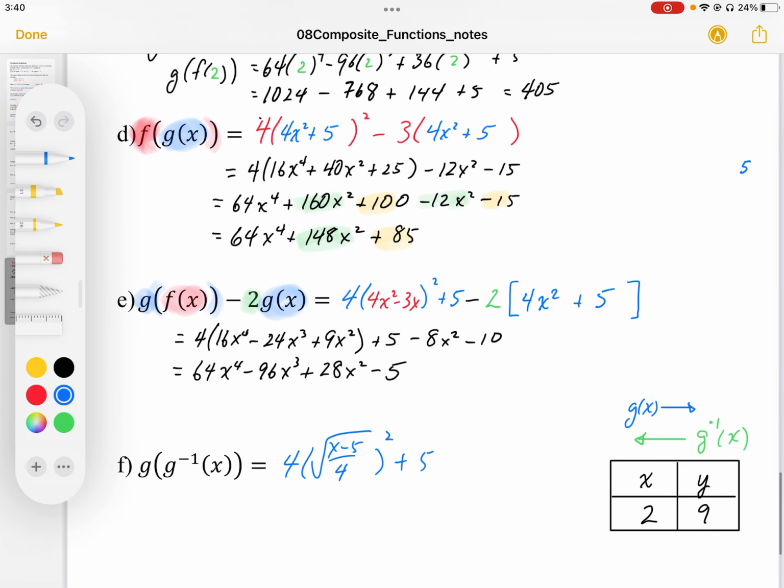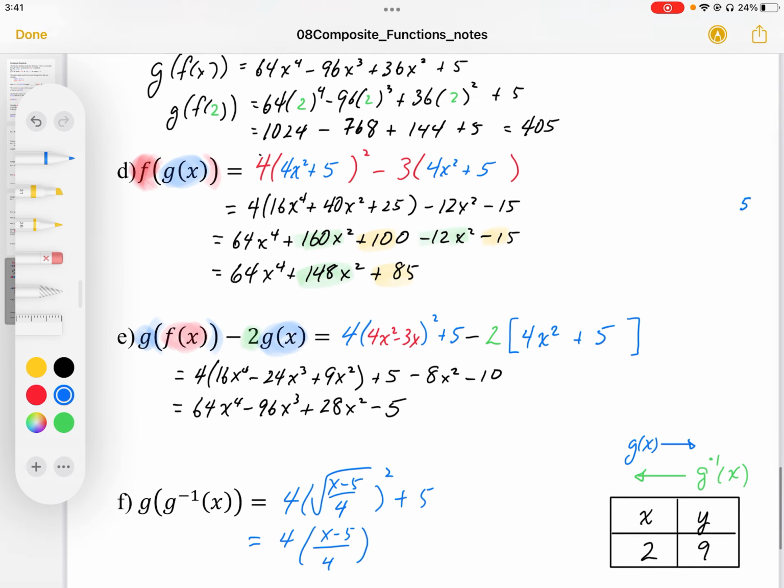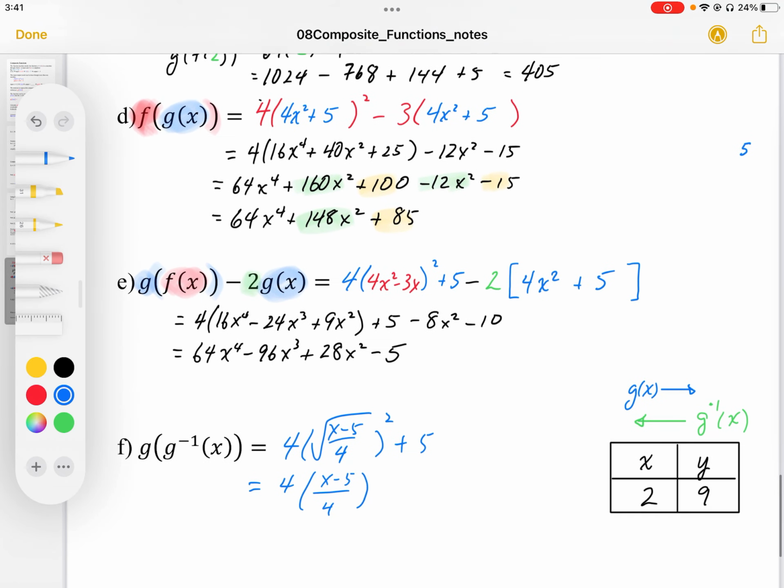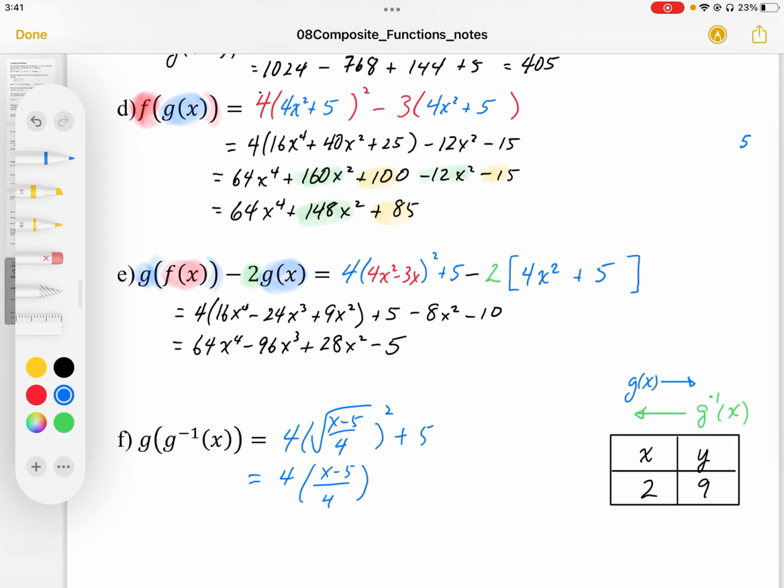Okay, well, if you notice what happens here, we're going to end up with x minus 5 over 4, and this is going to be plus 5. These cancel out, and I end up with minus 5 plus 5, and I end up back with just x.